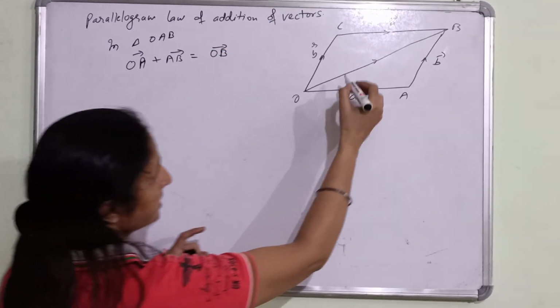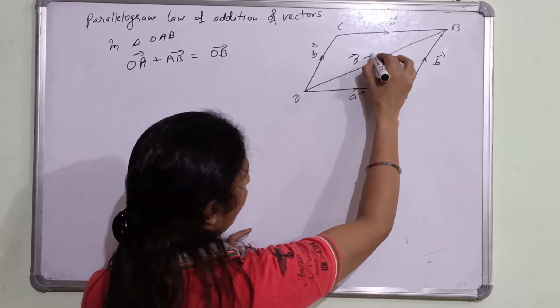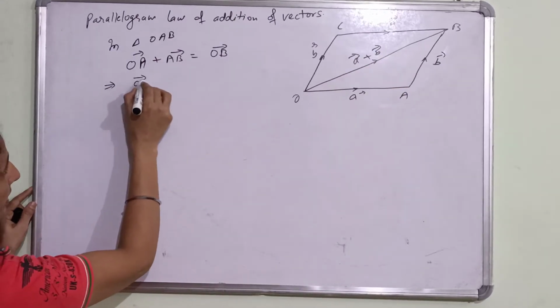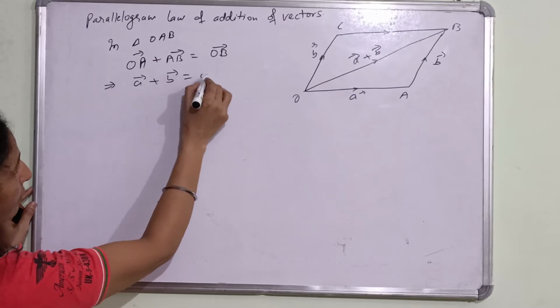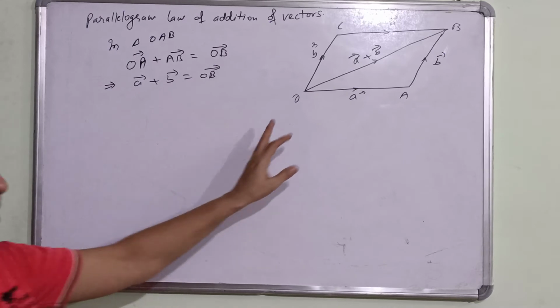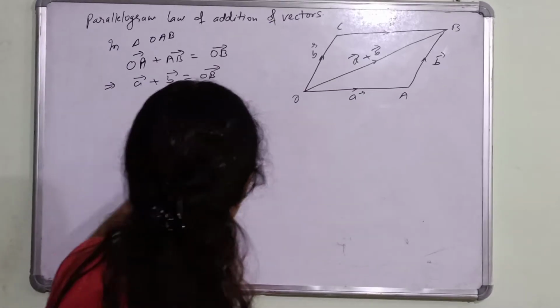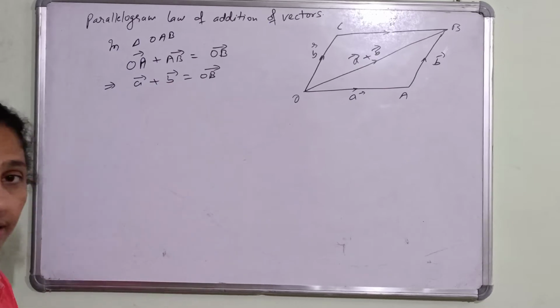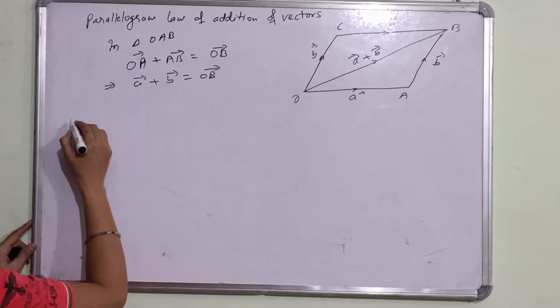It would be vector A plus vector B is equal to vector OB, right? This law is also known as the triangular law.